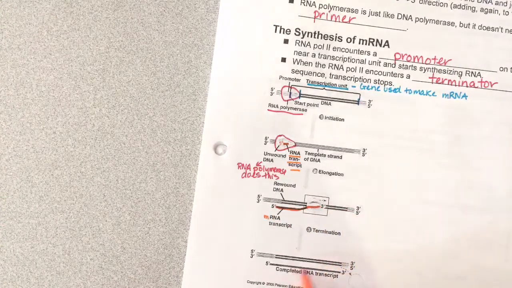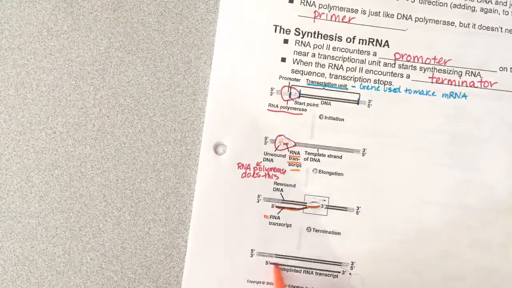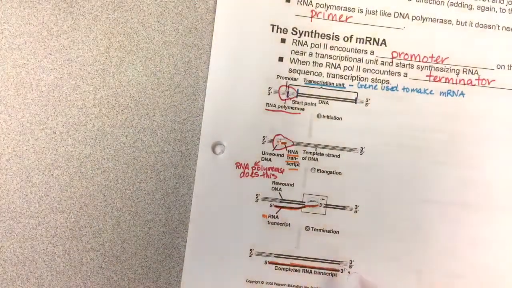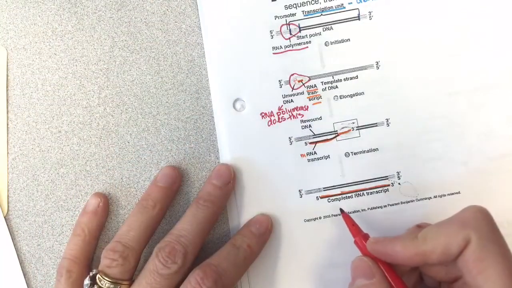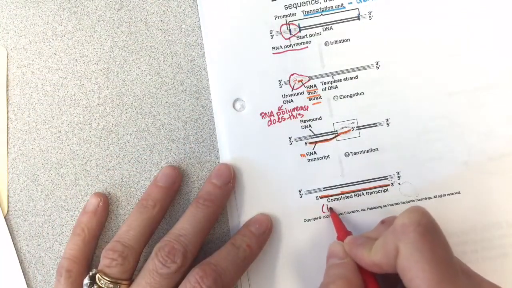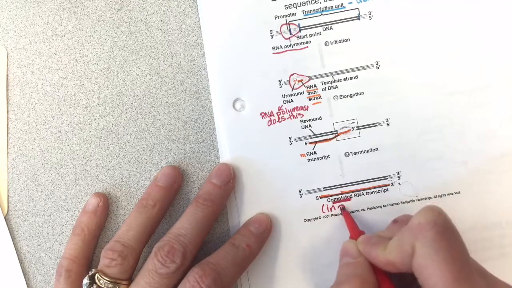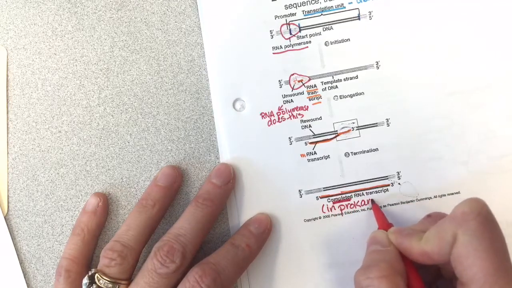It keeps on doing that until eventually it reaches that terminator sequence, and you have your completed RNA transcript. Now, realistically, this completed RNA transcript is only completed in prokaryotic cells, because in eukaryotic cells it is not.